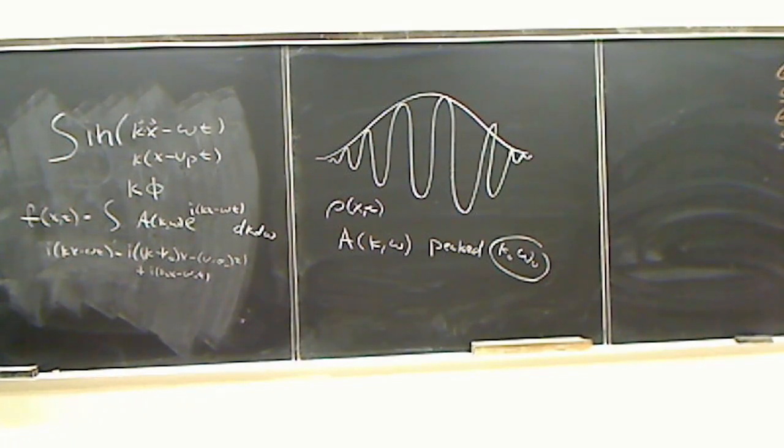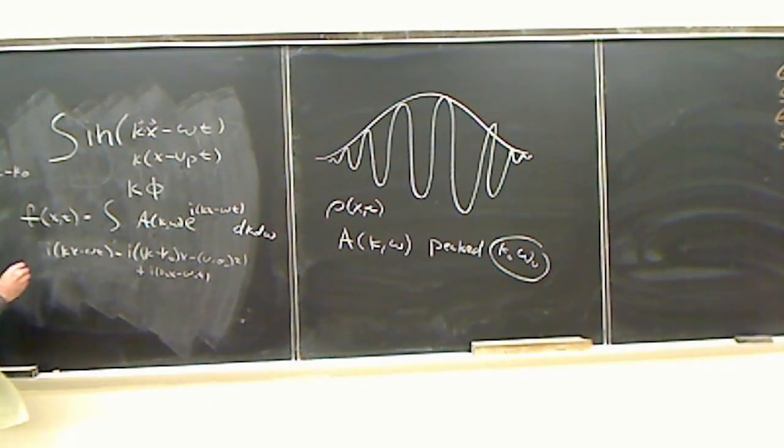All I've done is added 0 in this complicated way. So I've taken i(kx minus omega t), and I'm trying to rewrite everything as k minus k naught, deviations around my background solution. If you add this up, this cancels this, this cancels this, I'm left with the same thing. So I haven't actually done anything.